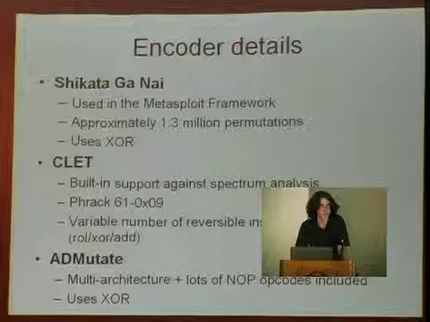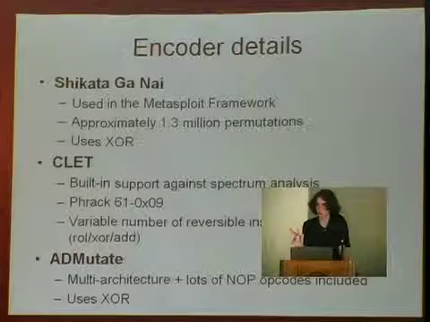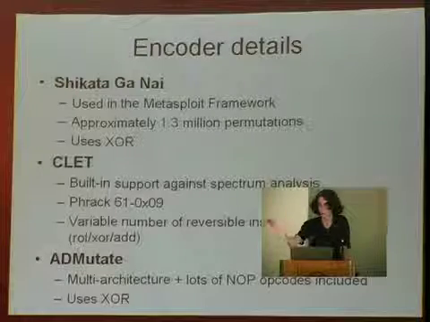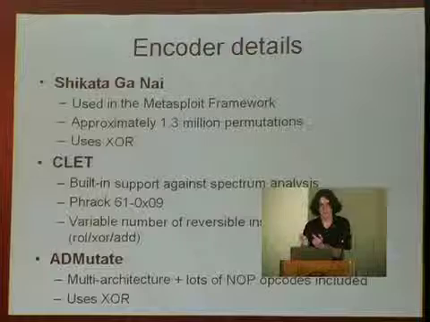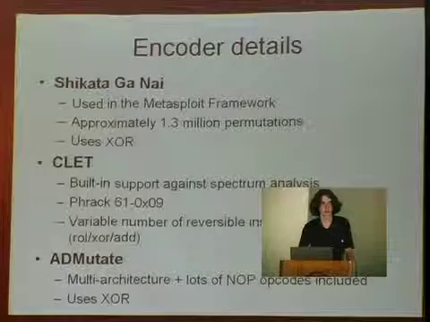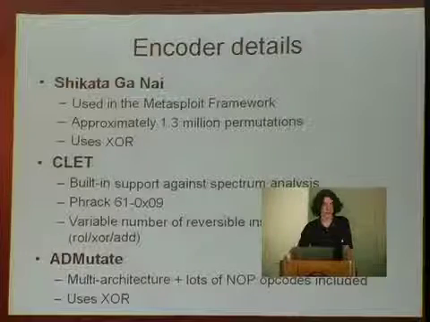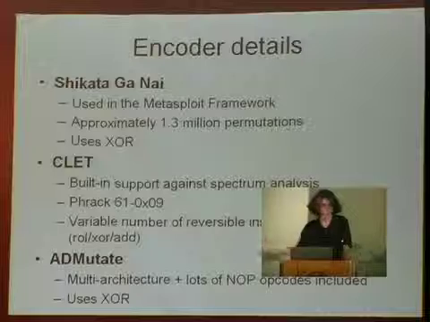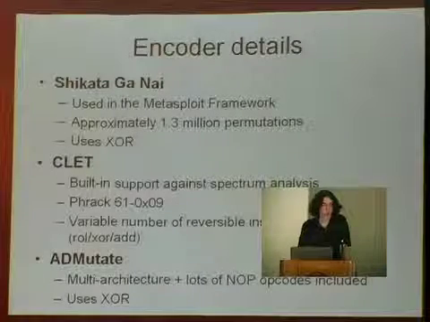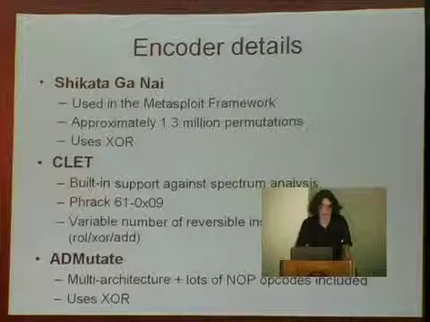So basically what that means is, unlike Shikata Ga Nai, instead of just doing a 4-byte XOR key, it can add a value and then XOR a value and then rotate that entire block of code to the left some number of bytes. So you're not doing the same static operation on the memory to decode the ciphertext. Now you're doing a number of variable operations which can change with every encoder, and this makes it considerably harder to fingerprint because you're not just doing the same thing over and over with different instructions.